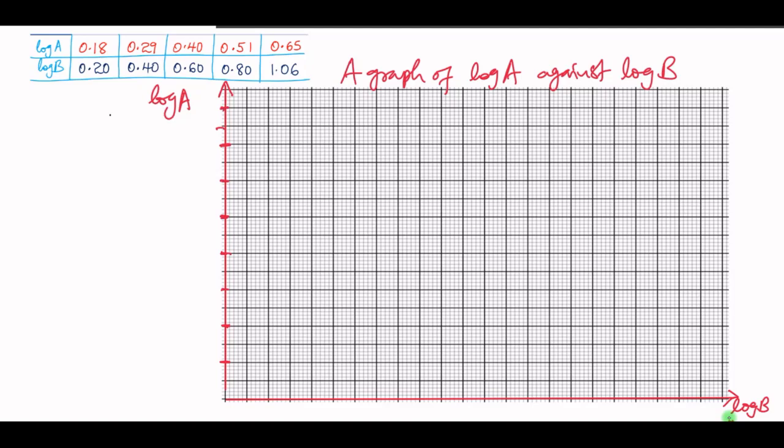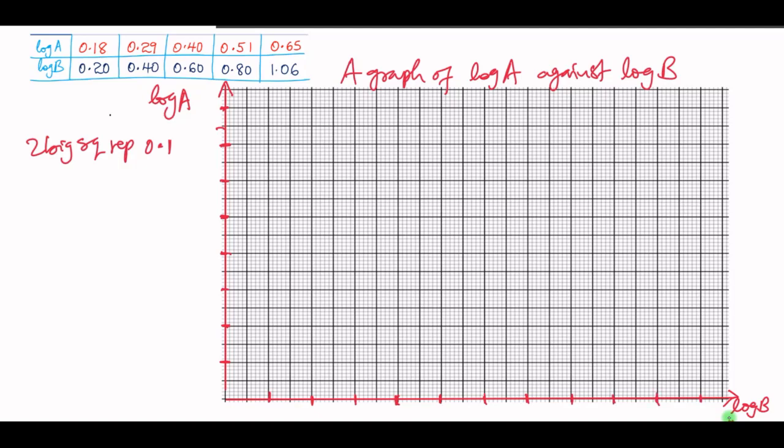So for both axes, I'm going to consider 2 big squares to represent 0.1. Even for the x-axis, that is log b, I'm going to use the same scale.